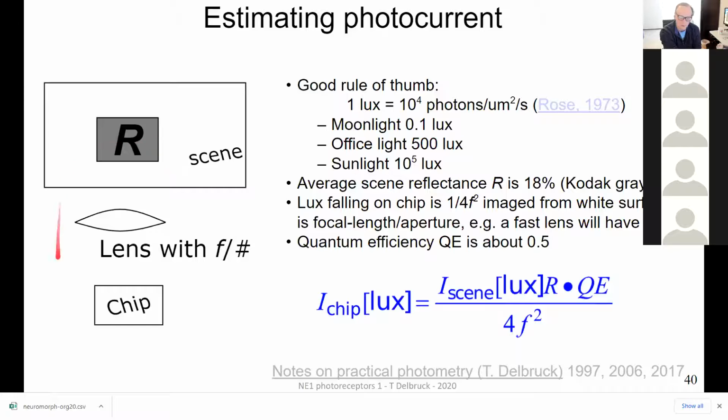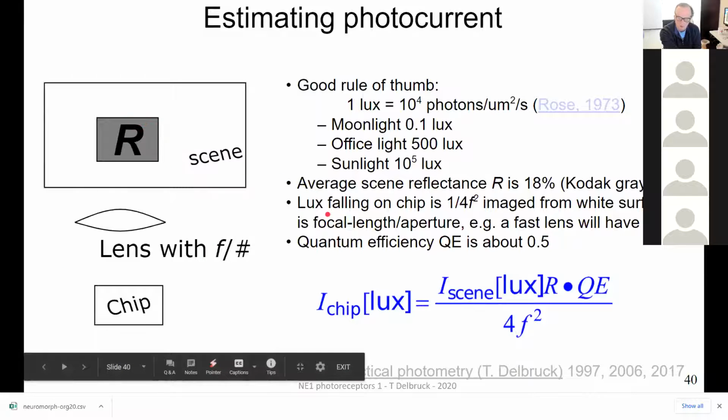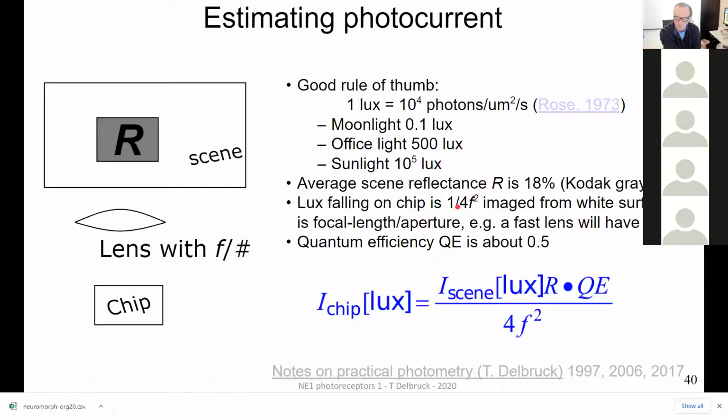And now, if you do some geometrical optics, you can compute that the lux that falls onto the chip, which is imaged with a lens with a certain F number, is 1 over 4F squared, if you're looking at a white surface. F is the ratio of focal length to aperture. In other words, a fast lens has F 1.4. All the photographers know this stuff, about the aperture ratio of a lens. And if you assume that the quantum efficiency, in other words, the probability that a photon makes an electron, is about 0.5, well, you don't have to assume that here.